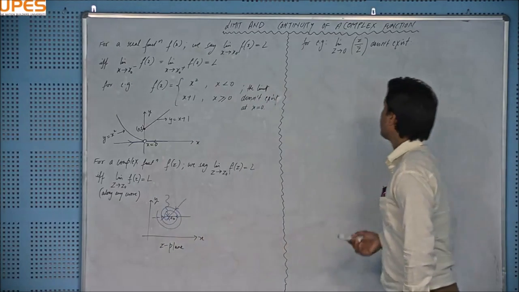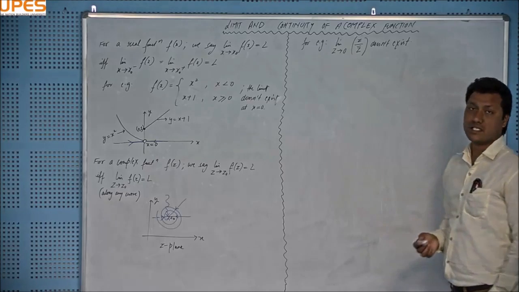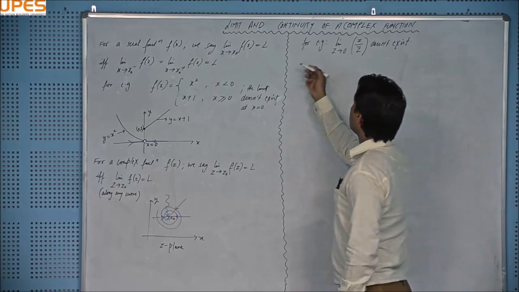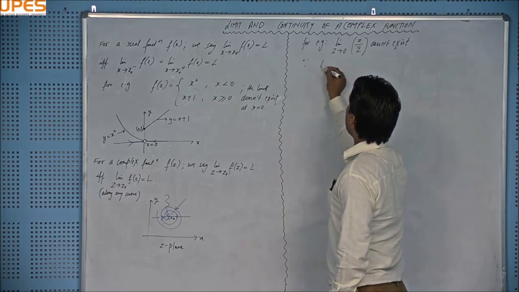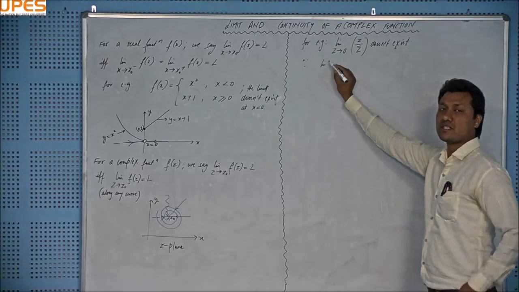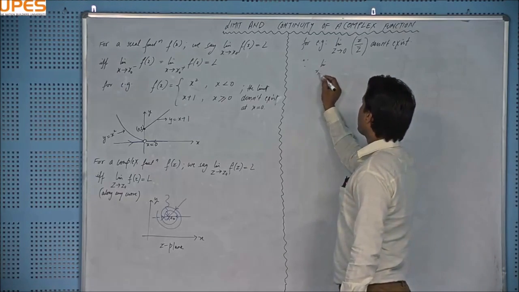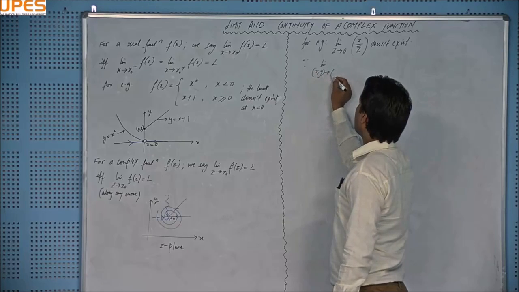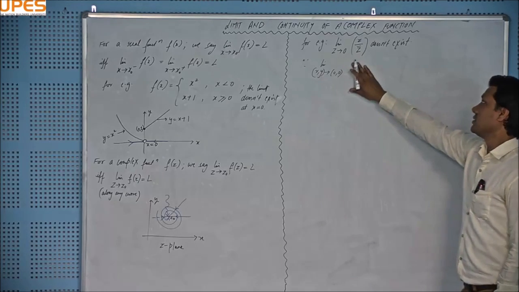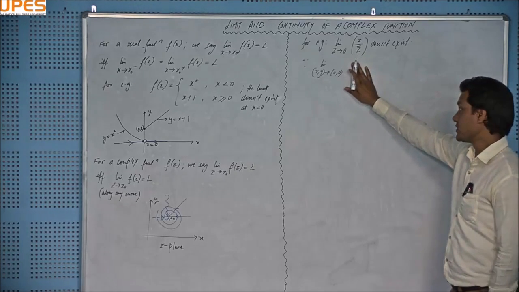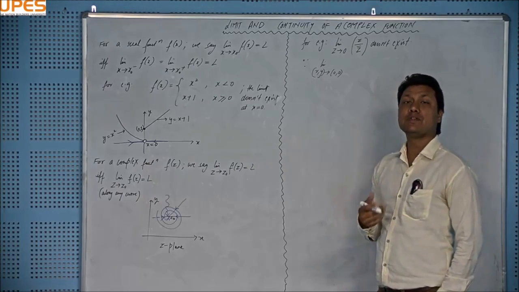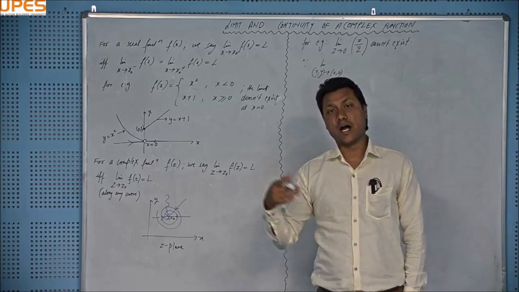We have to show that this limit doesn't exist, and for that, since z tends to 0 means, z being a complex number x plus iota y, that x comma y tends to 0 comma 0. At this point you convert your function, which is a complex function, into a function of two variables. As I have said earlier, a complex function can be viewed as a function from R2 to R2.